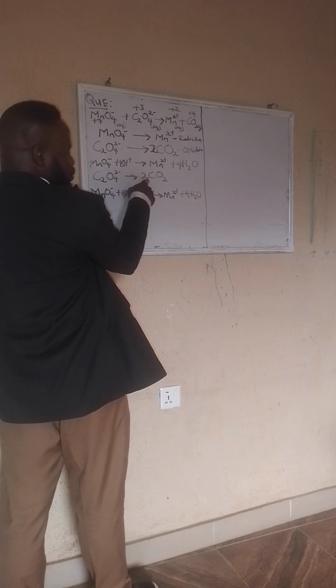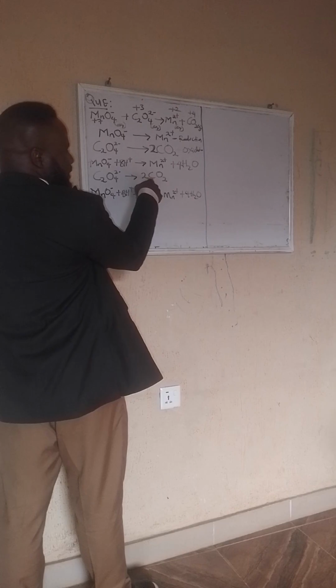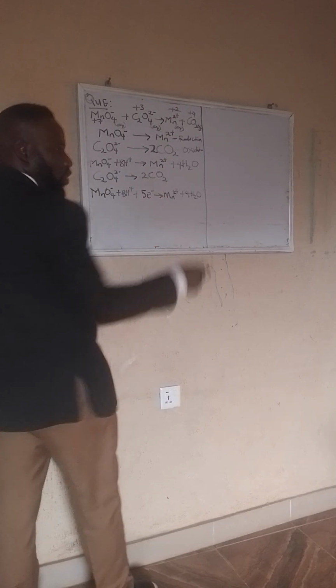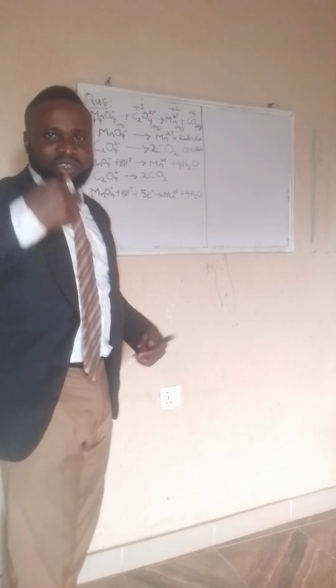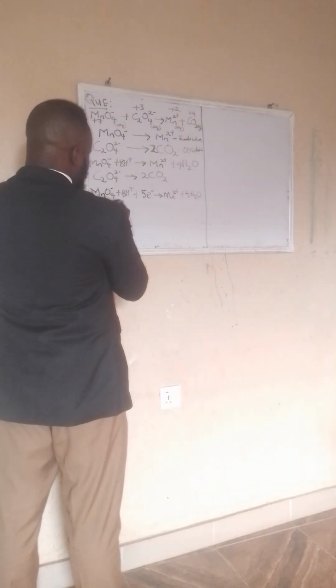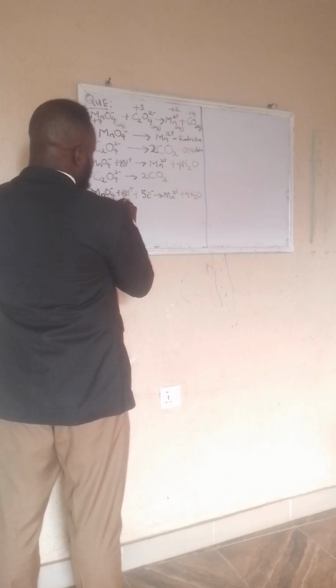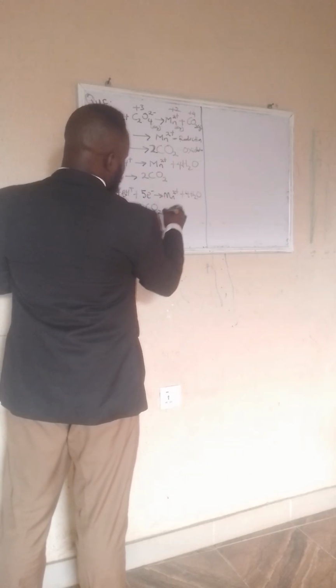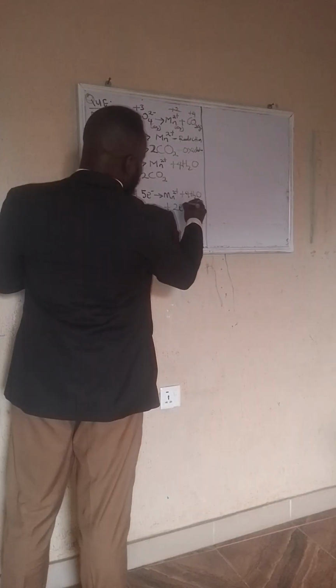But because I have 2 of the oxidized species involved, it's going to be 1 electron multiplied by 2. Each one of them supplies 1 electron. That makes it 2 electrons. So C2O4 2 minus to give 2CO2 plus 2 electrons.